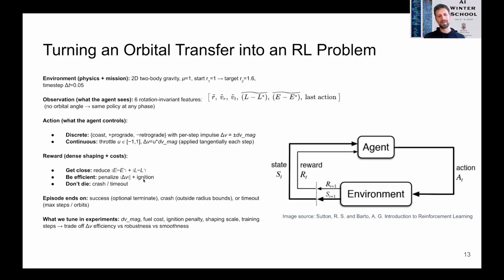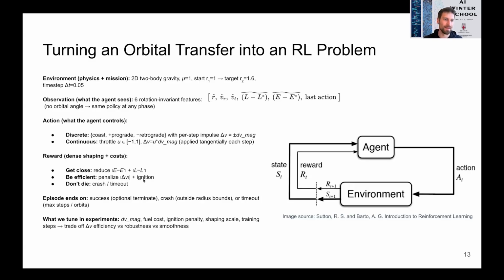The other thing that I chose to add, but again, there's some creativity here, is a penalty on ignitions. So you want to make the spacecraft be judicious about how many burns it does, especially if you're trying to see how close you can get to that Hohmann ideal of two burns.